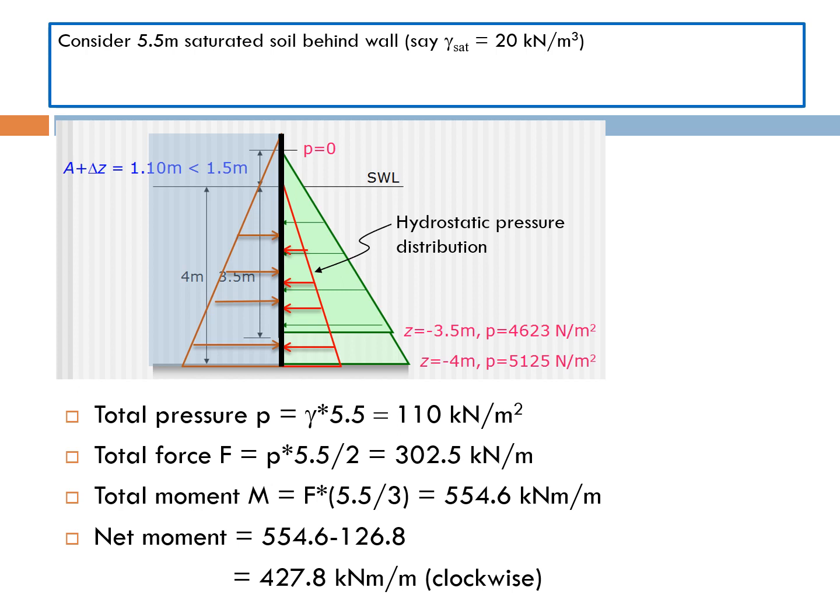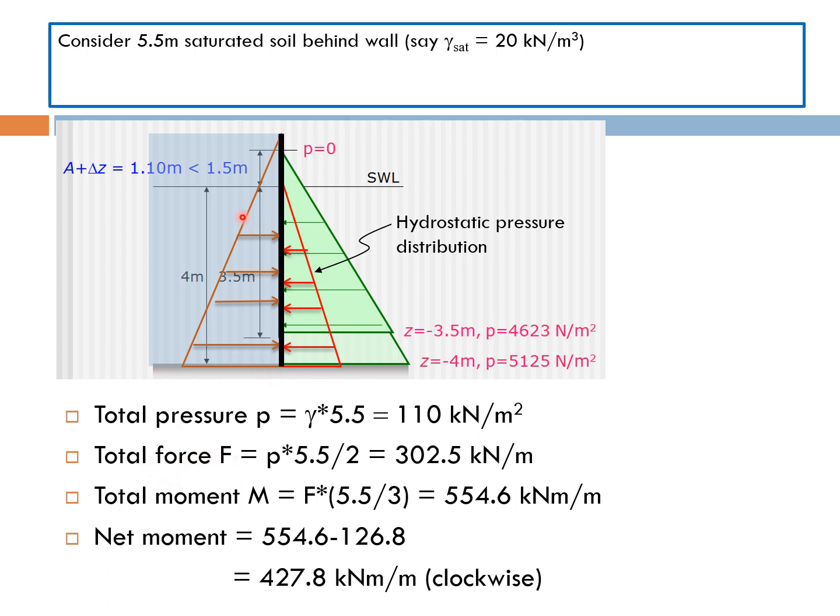In yet another scenario, what happens if the land side of the vertical face structure is made up of saturated soil? Let's say the soil has a saturated unit weight of 20 kilonewton per meter cube. Let us now look at the pressure from the land side acting on the vertical structure. Due to the pressure of the soil, we have 110 kilonewton per meter square at the seabed level.